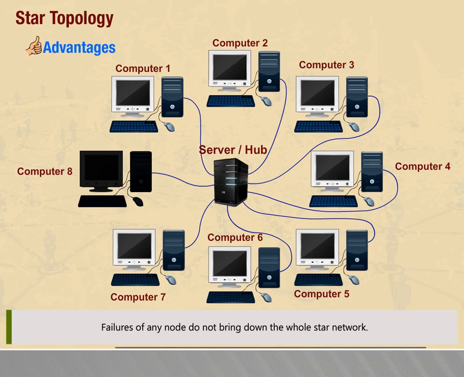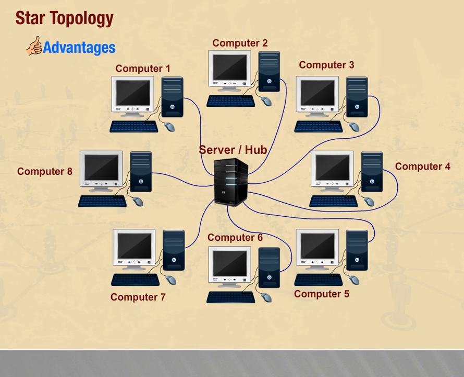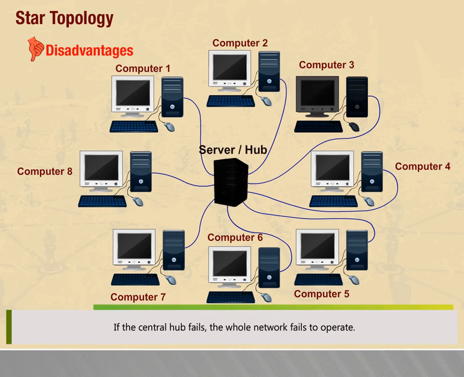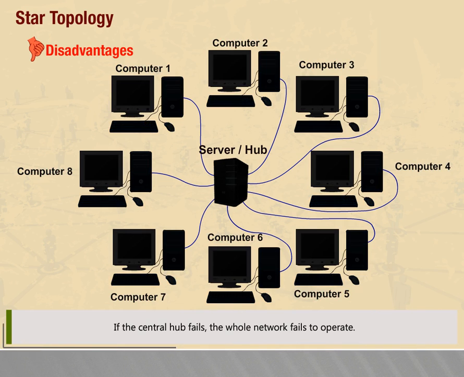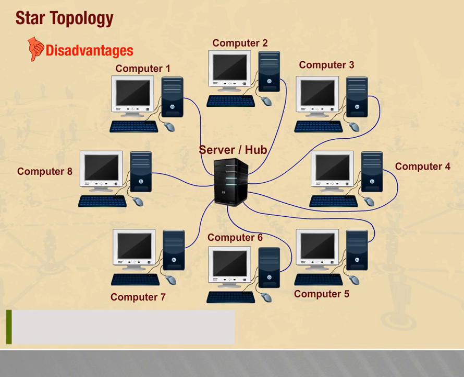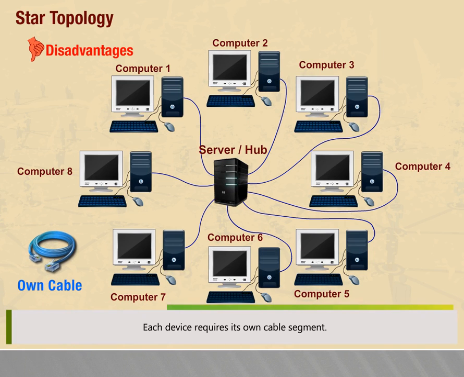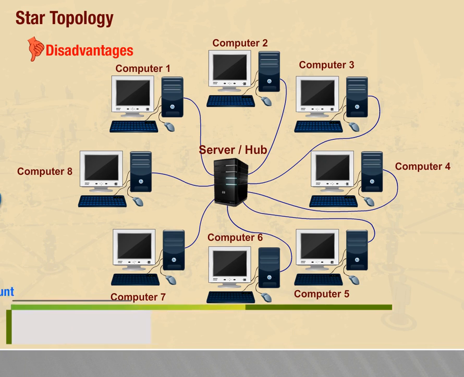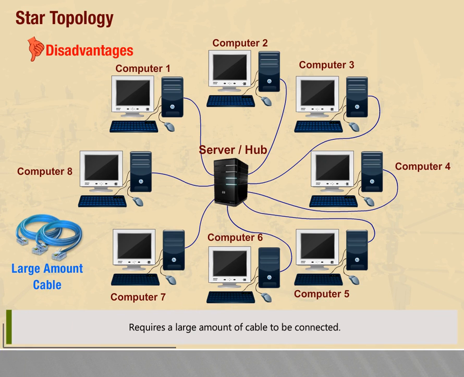Failures of any node do not bring down the whole star network. Disadvantages: If the central hub fails, the whole network fails to operate. Each device requires its own cable segment. Requires a large amount of cable to be connected.